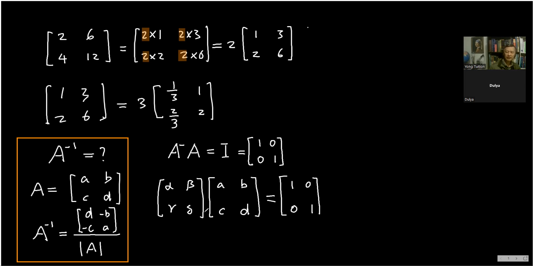Before that, can we finish this? Can you tell me how to find the product of these two? The left hand side. Can you finish this one? Use the multiplication rule.